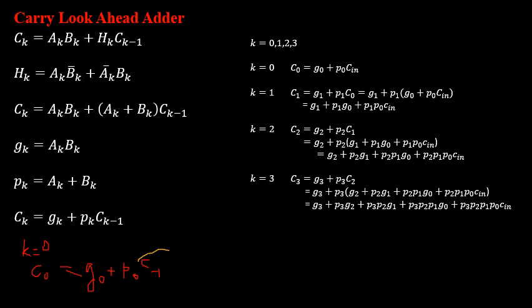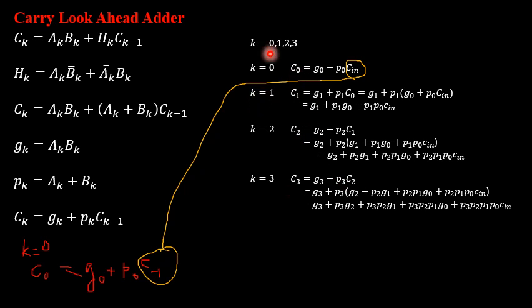This C minus 1 value, I have written as Cin in this expression. From that we can derive the expression for the different values of C, that is carry output 0, 1, 2 and 3.